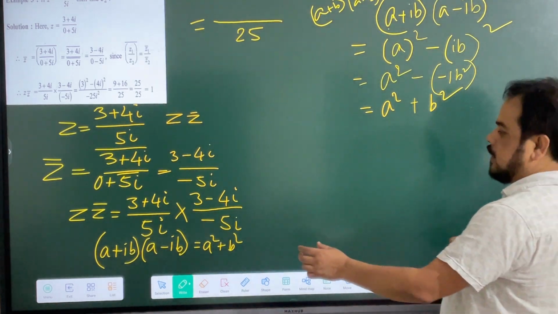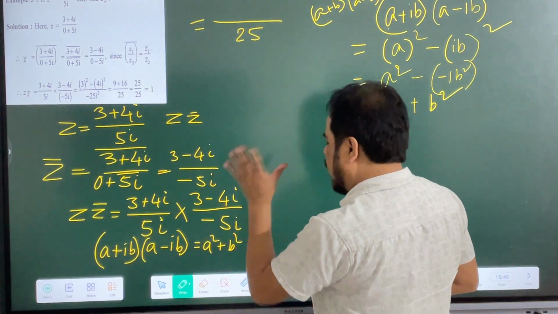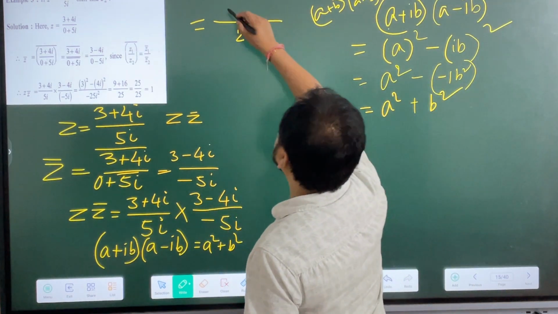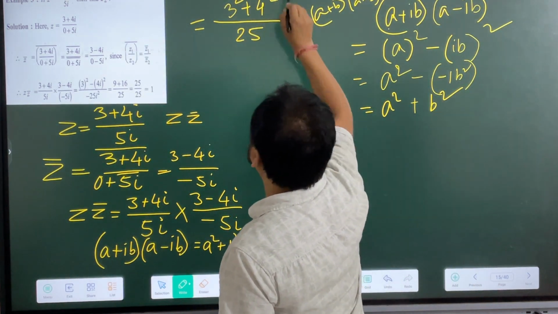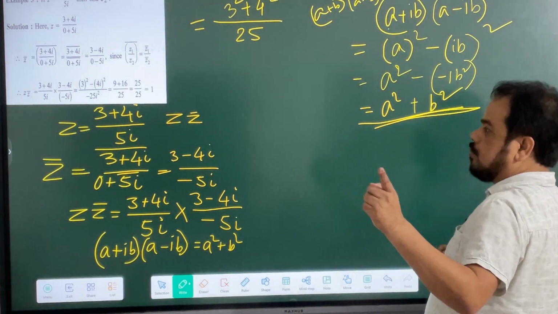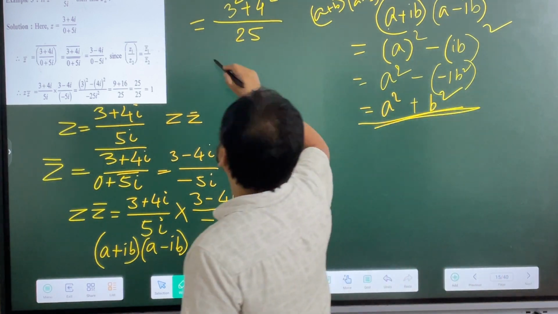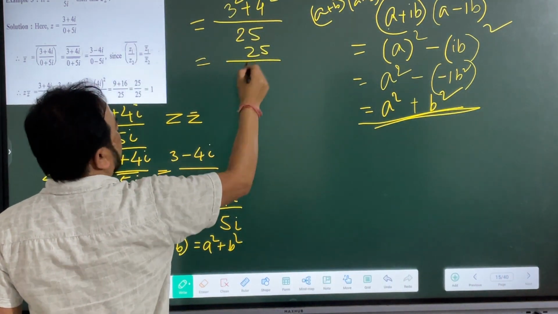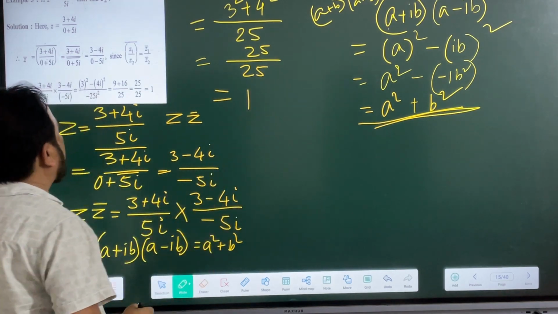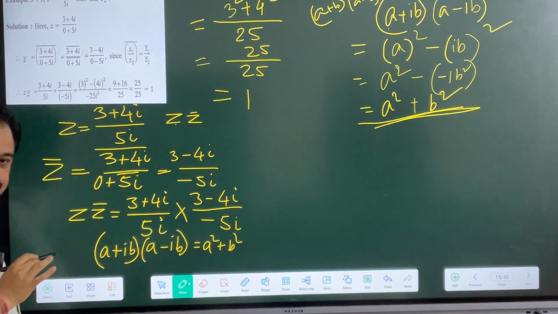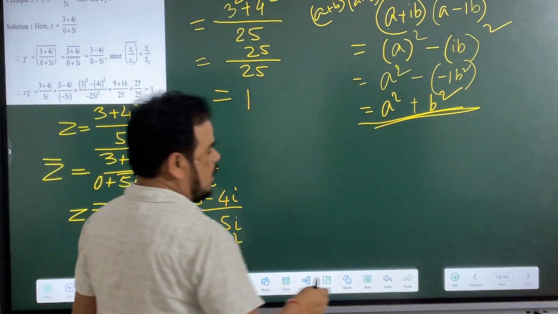So whenever same type of digit plus minus, directly you can write. So 3 plus 4i into 3 minus 4i, directly you can write 3 square plus 4 square. If you remember this one, you have to remember this one. This one already I explained in previous video. So 3 square is 9 plus 16, 25. 25 by 25 equals to 1. So Z into Z bar is 1. You can check it back again.